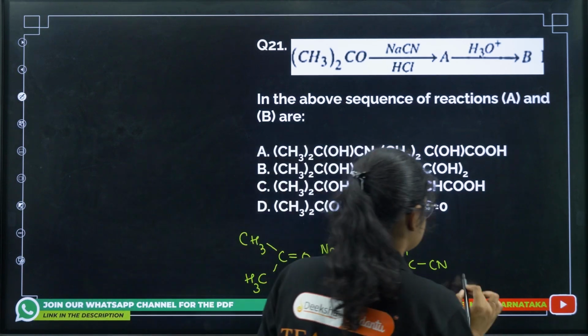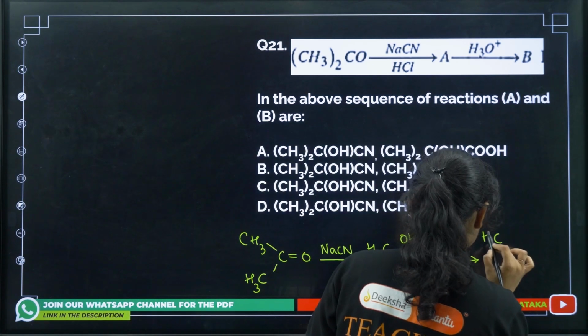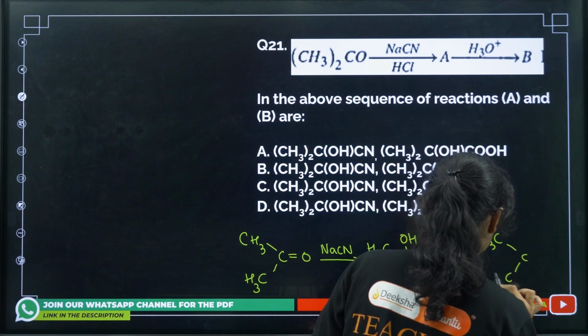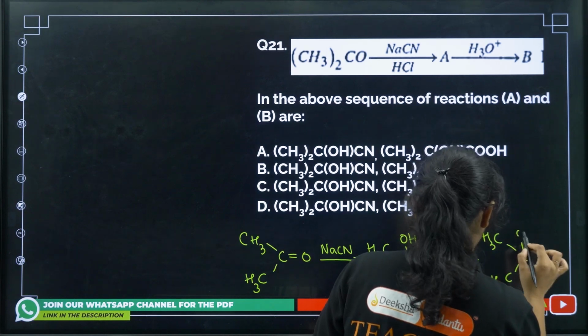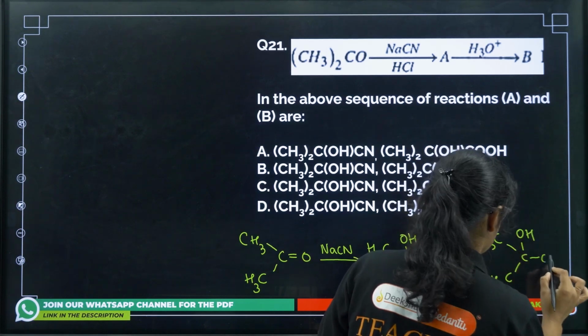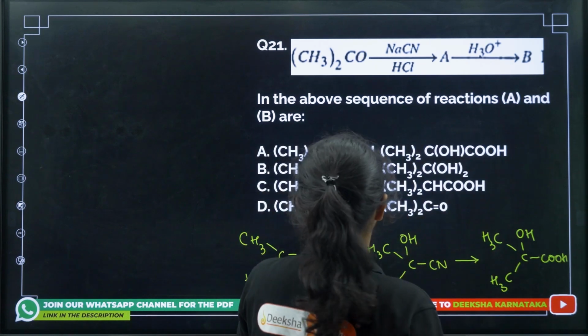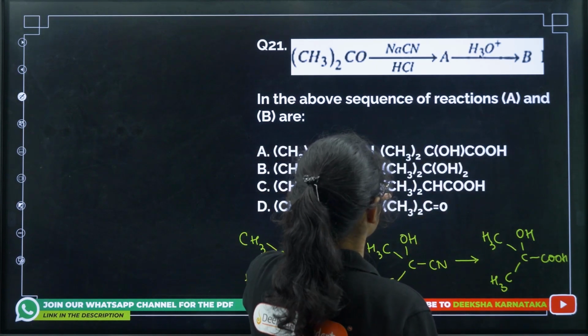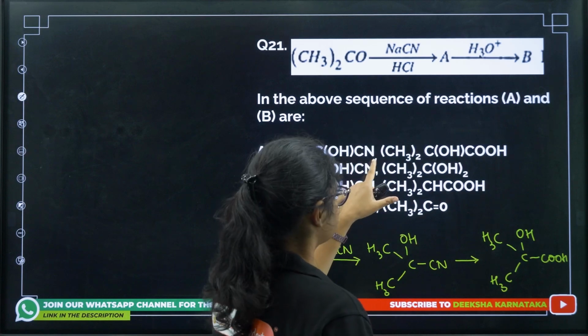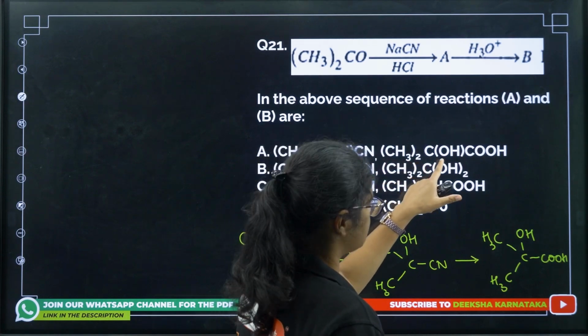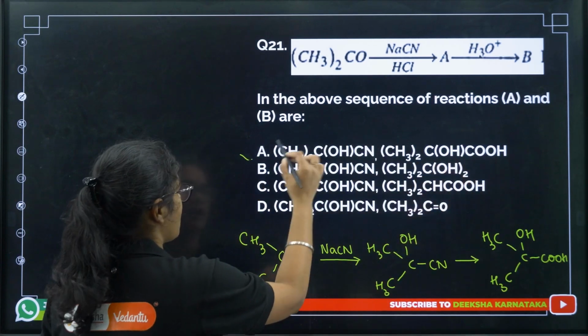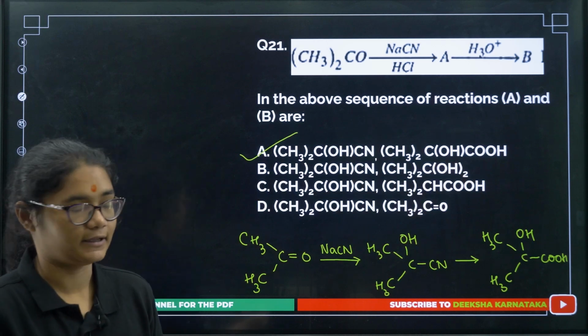Then if you do H3O+, we will get (CH3)2C(OH)COOH. So we get (CH3)2COH-CN as the first part, and then (CH3)2COH-COOH. So the correct answer will be option number A here.